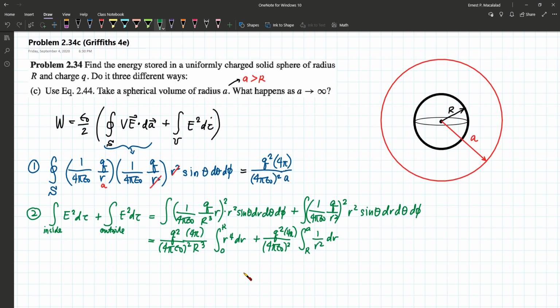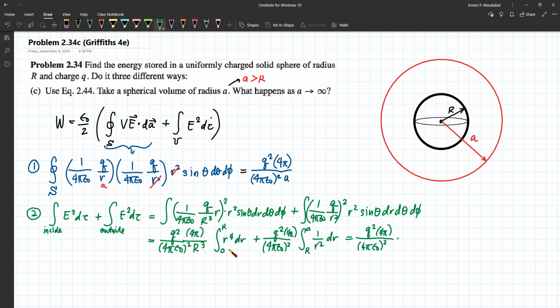Okay, so that means this becomes q squared times 4 pi divided by 4 pi epsilon naught squared, times this integral will be r to the fifth over 5.